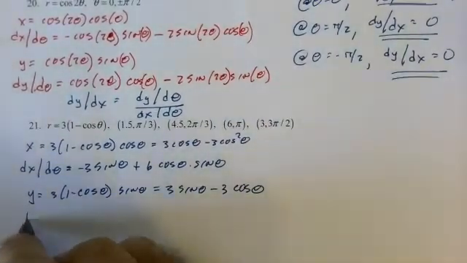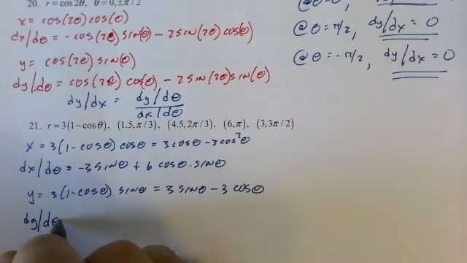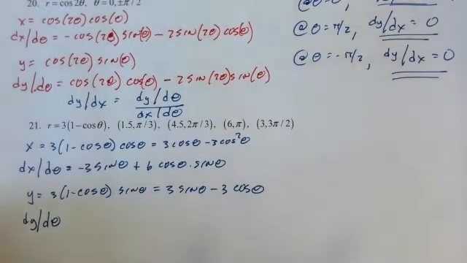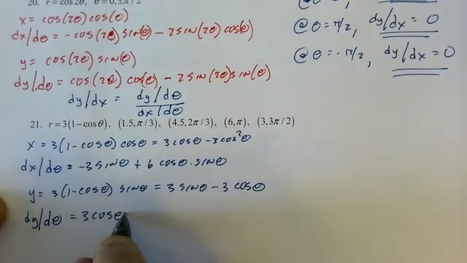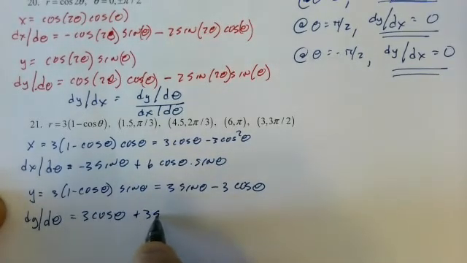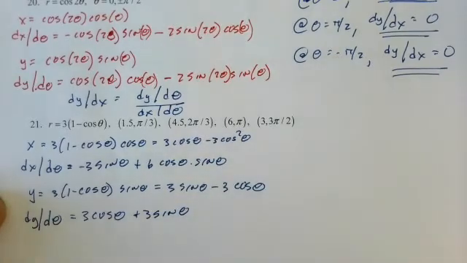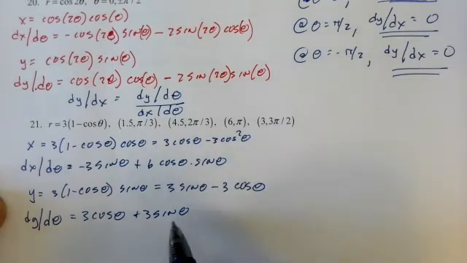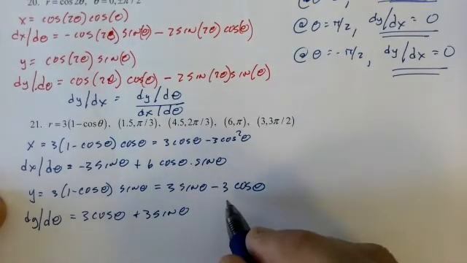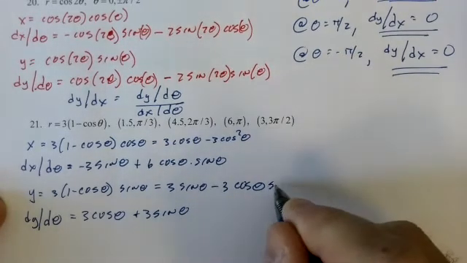So dy d theta equals 3 cosine of theta plus 3 sine of theta. It seems too easy, yeah, because I wasn't done here. I got interrupted. 3 sine of theta minus 3 cosine of theta sine of theta.